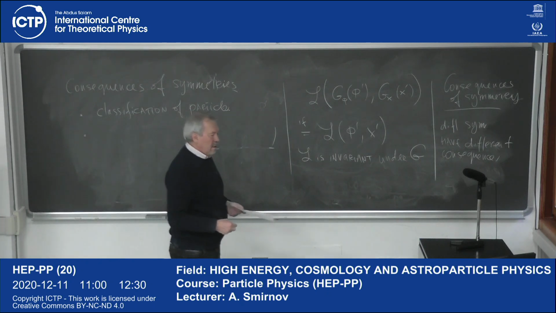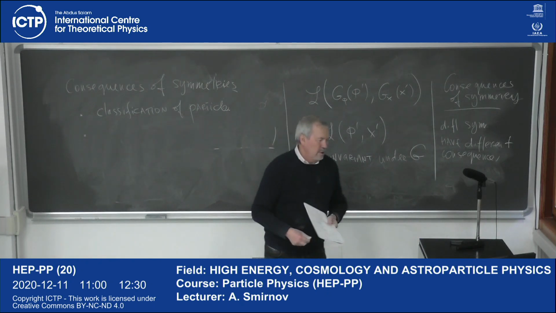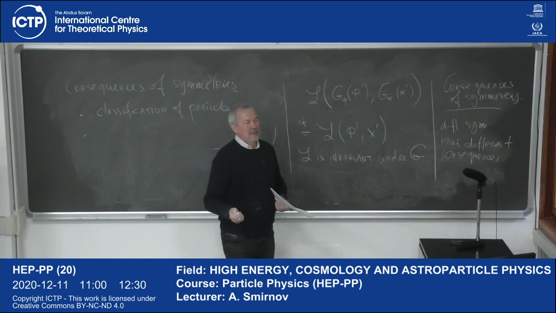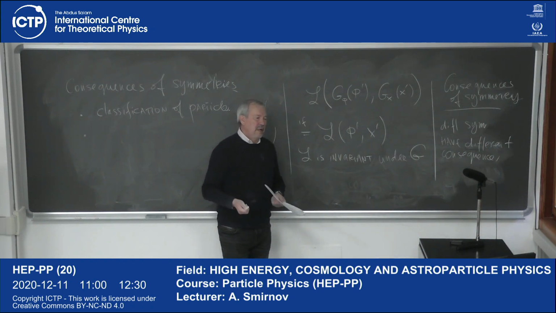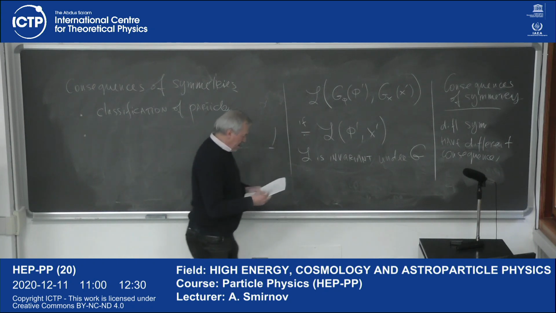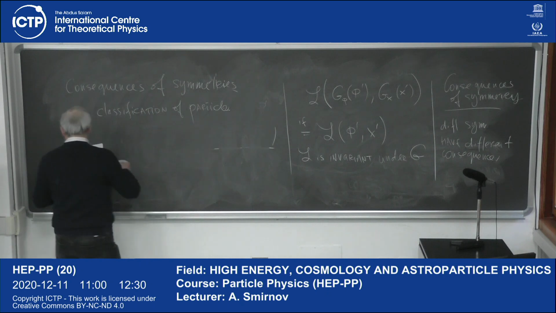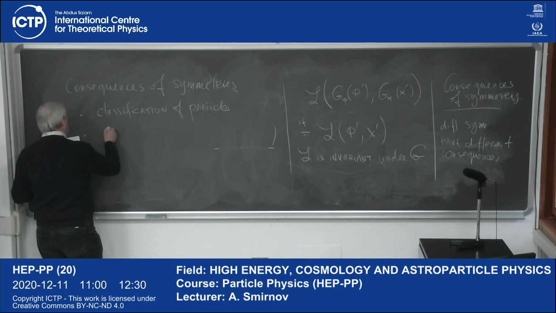So we have this SU(3) flavor symmetry, and SU(3) has generators which correspond to the isospin operator and strangeness. And so using this symmetry we can classify particles according to strangeness and isospin. This is one example. Another consequence is conservation laws.